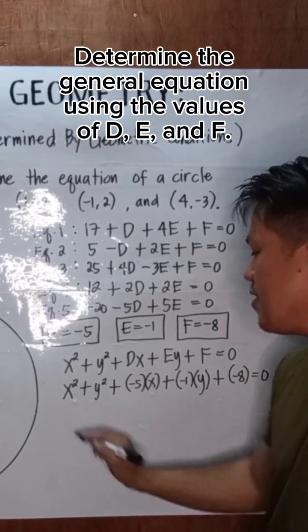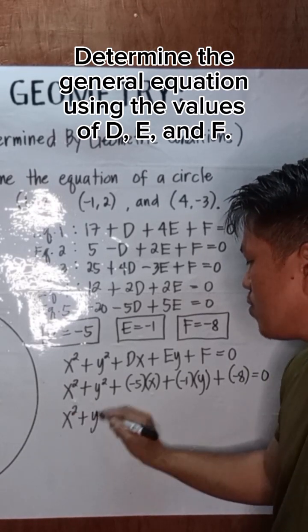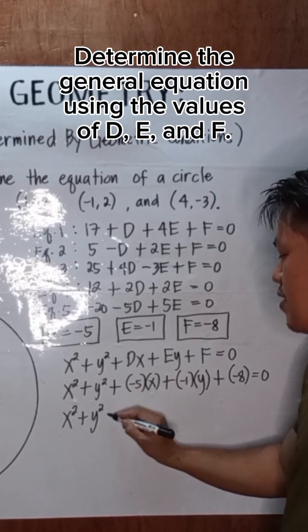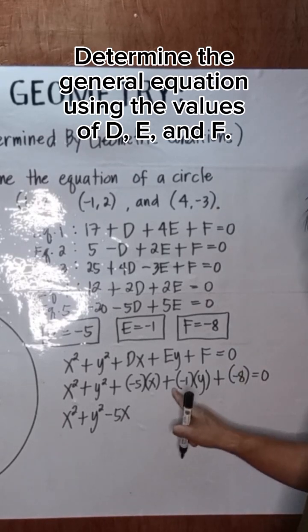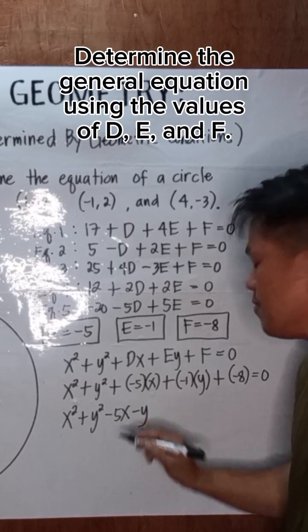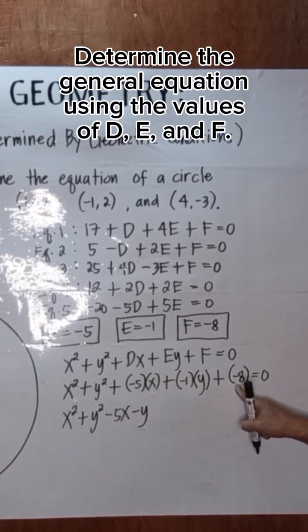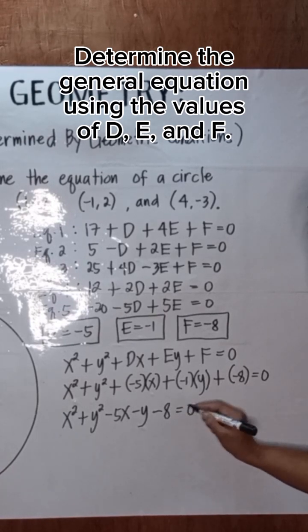Then, isimplify natin. X squared plus y squared, then negative 5 times x is negative 5x. And then, negative 1 times y is negative y. And then, positive times negative 8 is negative 8.